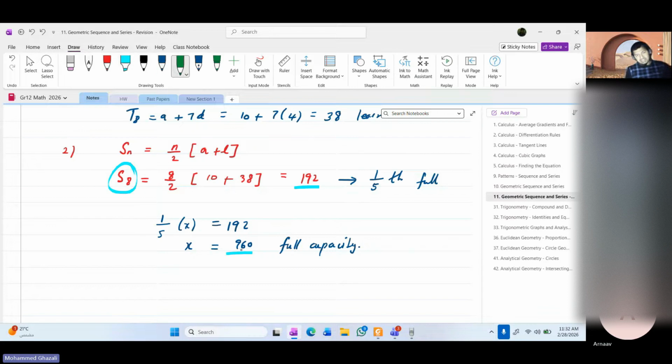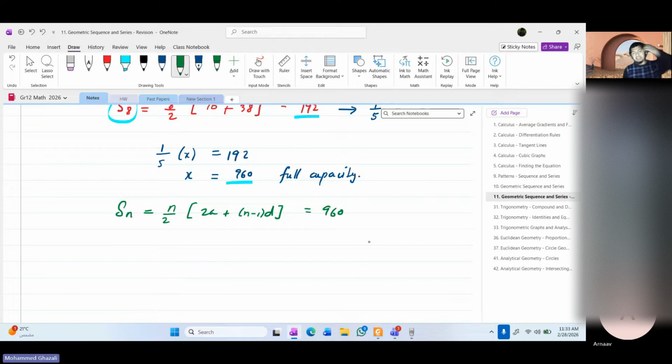So this is actually your Sn. For Sn, you can't use n over 2 into a plus l. You use n over 2 into 2a plus n minus 1 d, and that must be equal to 960.